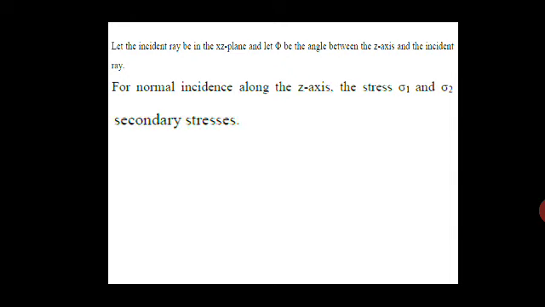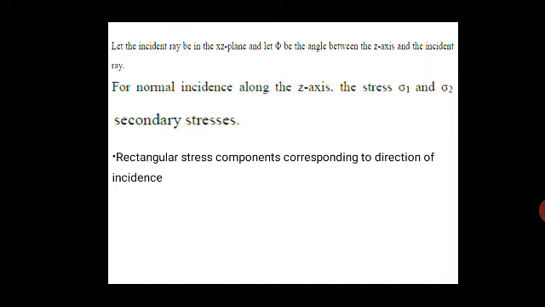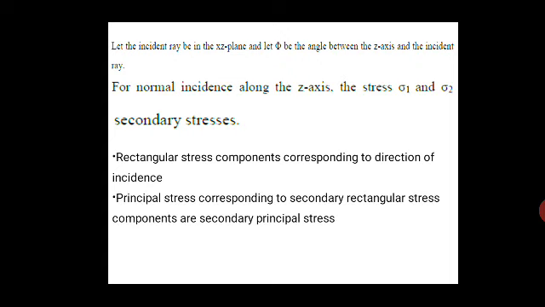Then the secondary stresses can be considered as the rectangular stress components corresponding to the direction of incidence. The principal stresses corresponding to the secondary rectangular stress components are called secondary principal stresses.